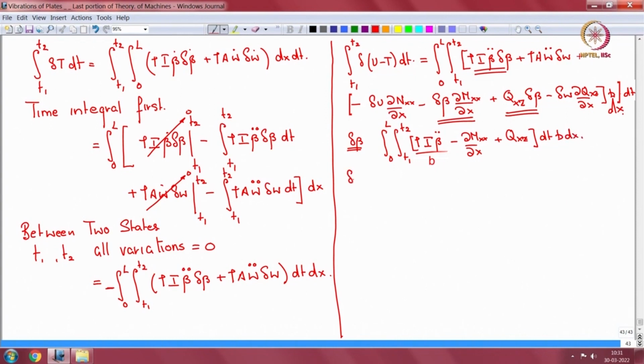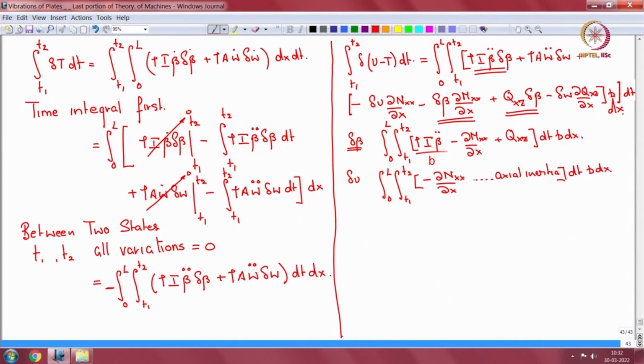What do we have for delta U? Integral 0 to L, integral T1 to T2, delta U, only this term: minus del N_XX by del X. Had we included the axial inertial term, we would have axial inertia. We didn't do that, because we were not interested.